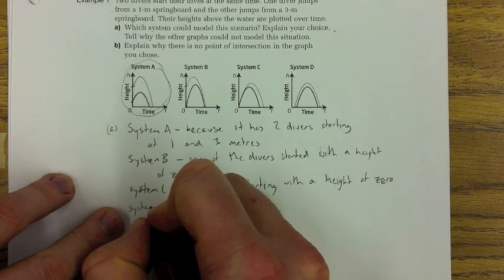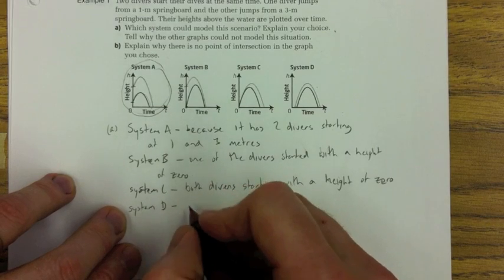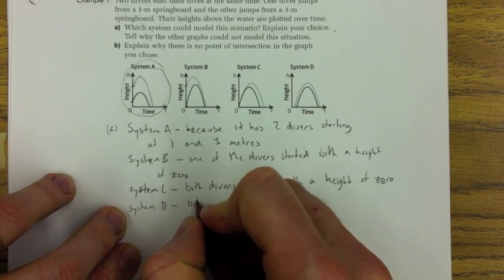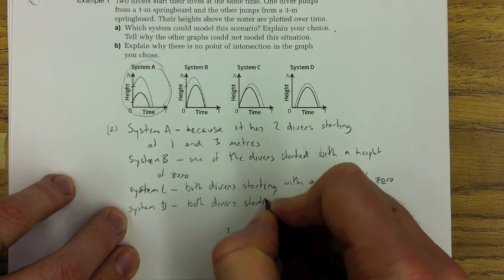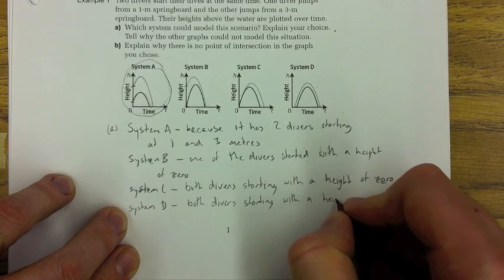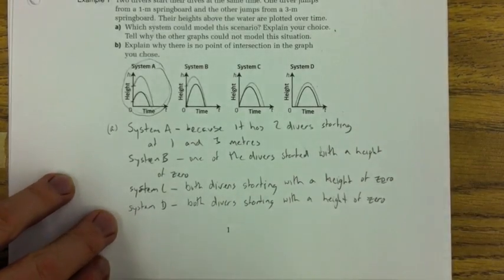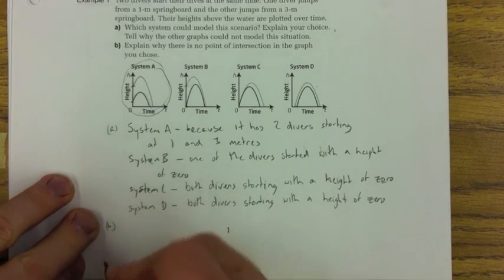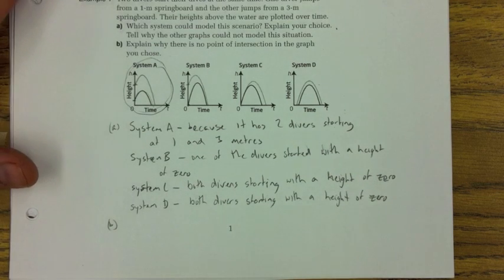And finally, system D, again, has both divers starting with a height of 0. Alright, so you need your system to accurately model the situation that you're going into. And that requires carefully reading the story and deciphering what information is being given to you.